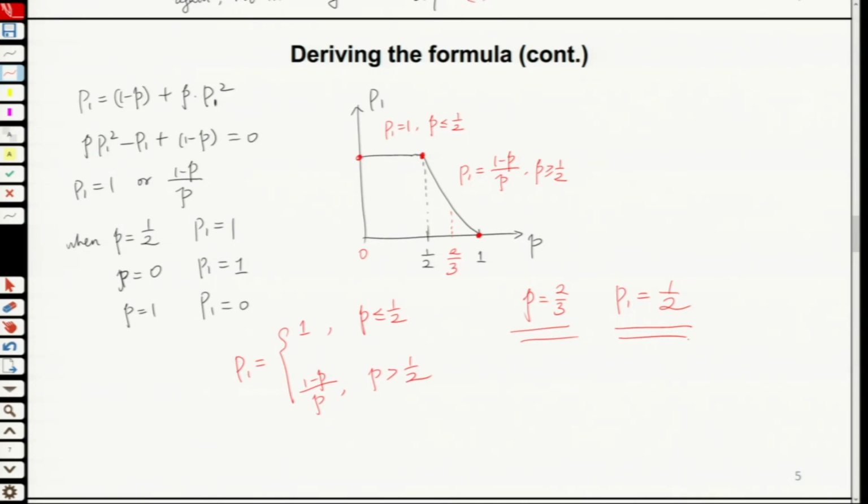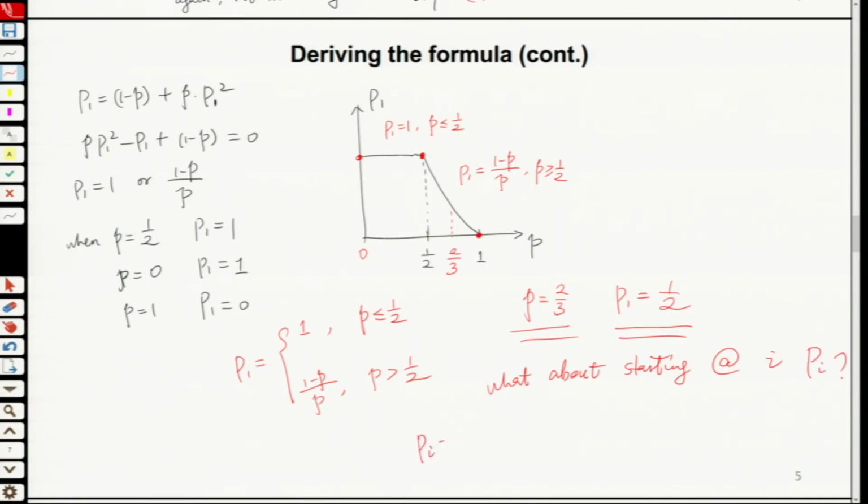Okay. Now, what happens to Pi? What about starting at i?